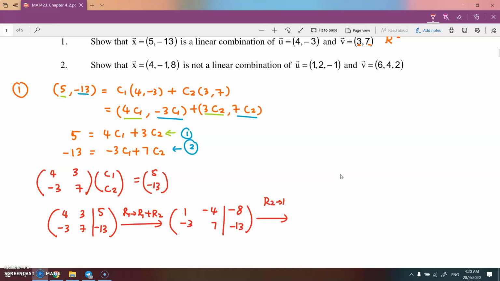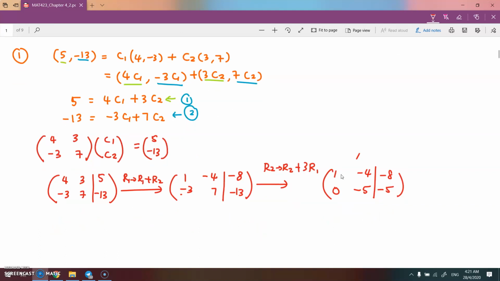Then row 2 is row 2 plus 3 row 1, so that's 0, 7 minus 12 gives -5, and -13 plus 8 is -5. So we have 1, -4, -8.